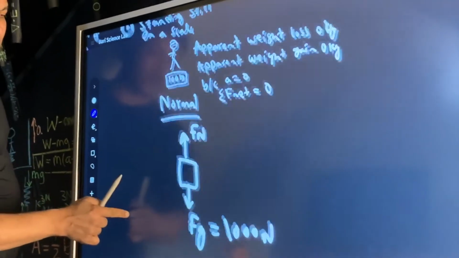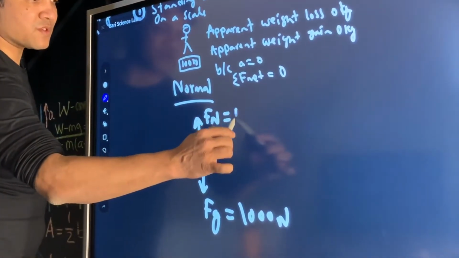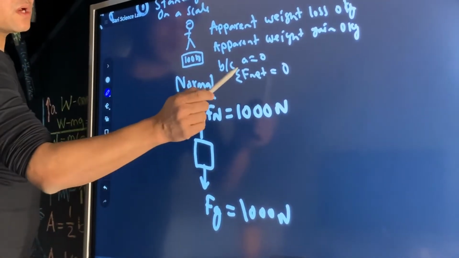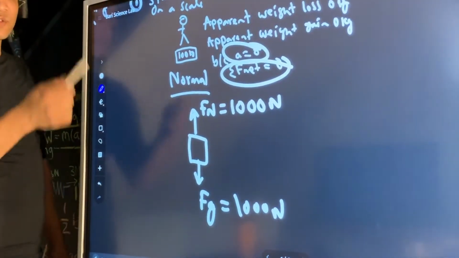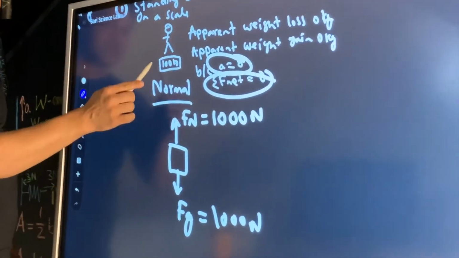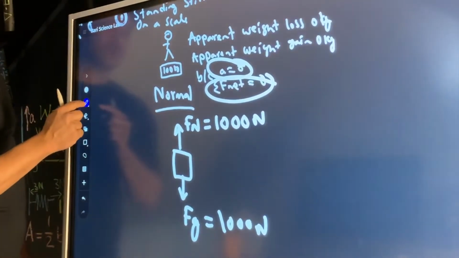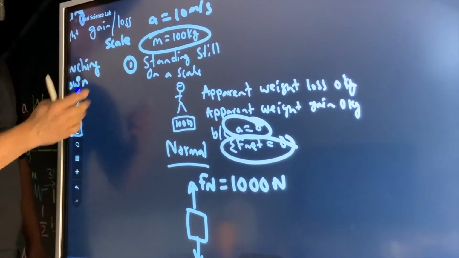So the force due to gravity is 1000 Newton, and the normal force is 1000 Newton. That's why there is no net force and no acceleration. If there is no net force, then the scale will read exactly the true weight, which is 100 kilograms.